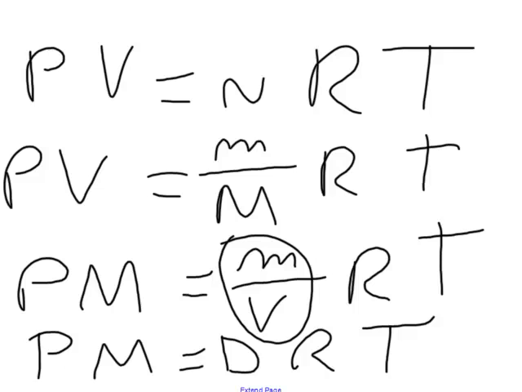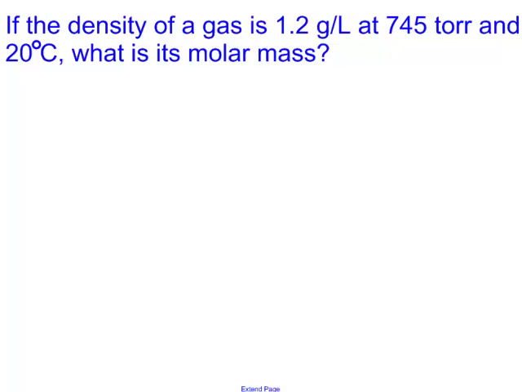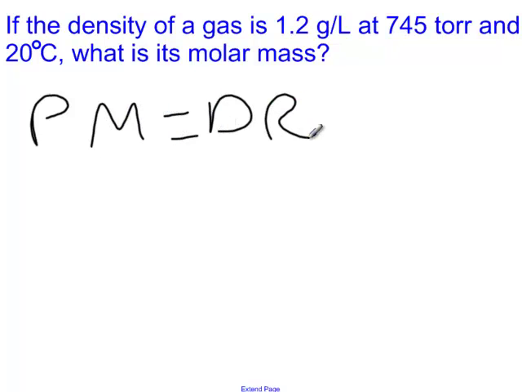Let's try an example of this kind of problem. If the density of a gas is 1.2 grams per liter at 745 torr and 20 degrees Celsius, what is its molar mass? Okay, so we can use PM equals dRT.